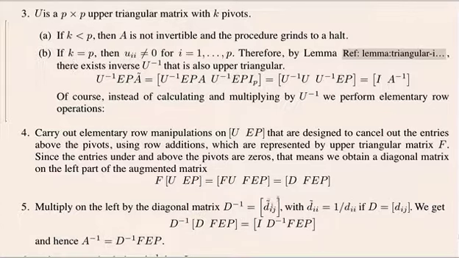So the inverse is just this D tilde matrix, where the diagonal entries are the reciprocals of the diagonal entries of the original matrix D. So with this, we get the identity matrix on the left. And on the right, we get this D inverse F E P matrix, which will be the inverse of A.